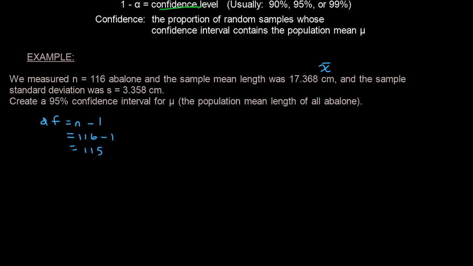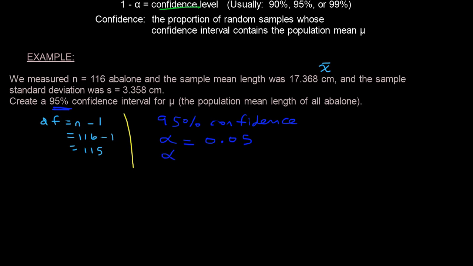Well, now what is alpha? Well, we were told that we have 95% confidence, or that was what was instructed of us. So since we have 95% confidence, the complement is alpha, 0.05.